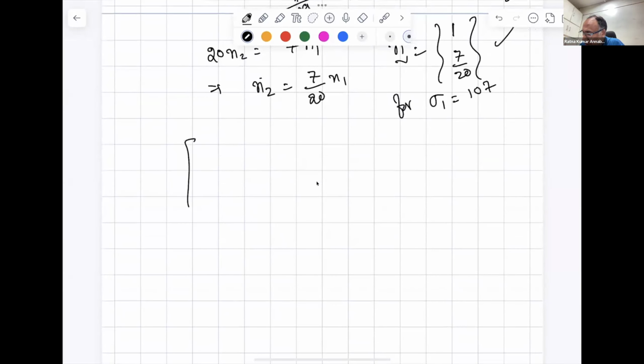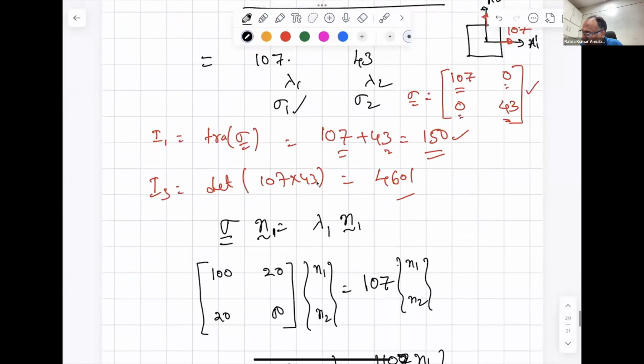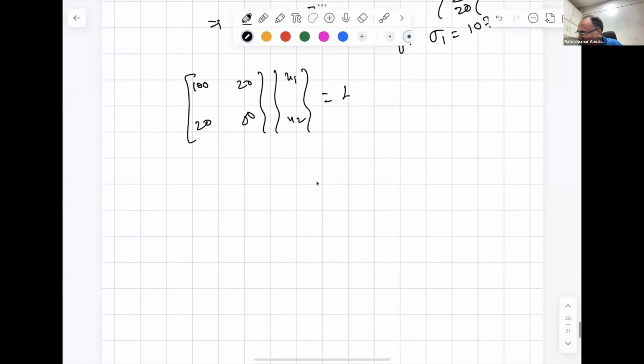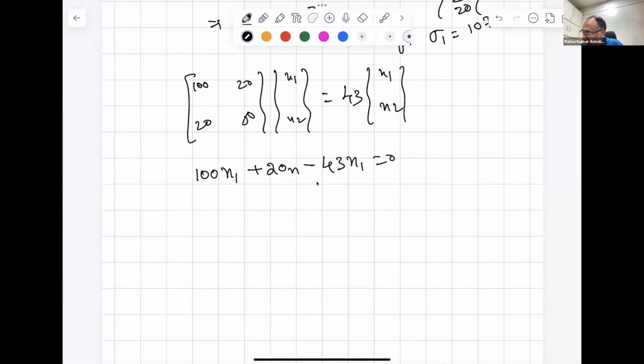Similarly, 100, 20, 20, 50, N1, N2. Second one is what? The second eigenvalue is 43, and the second eigenvector is 43 times N1, N2. Then again 100 N1 plus 20 N2 minus 43 N1 equal to 0.